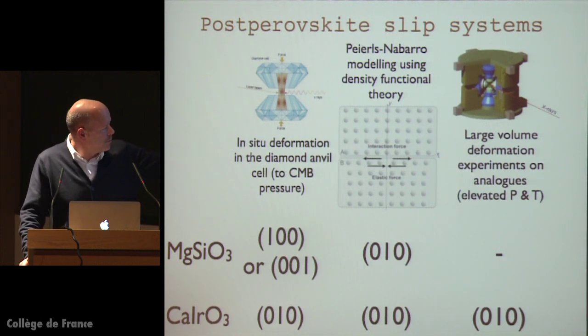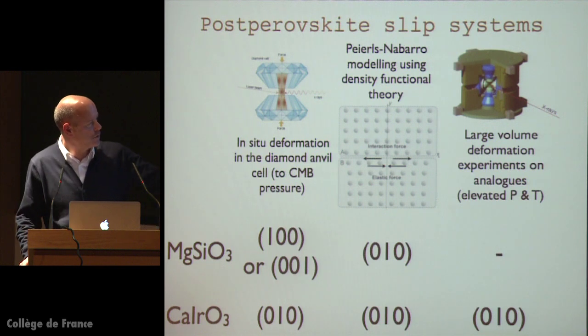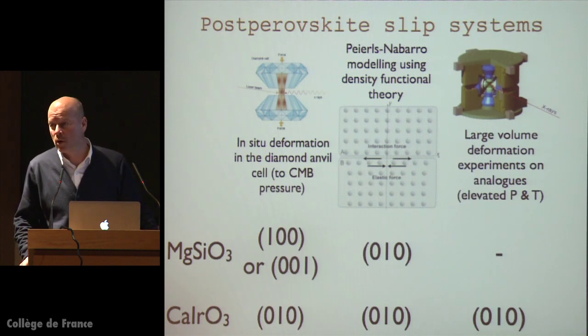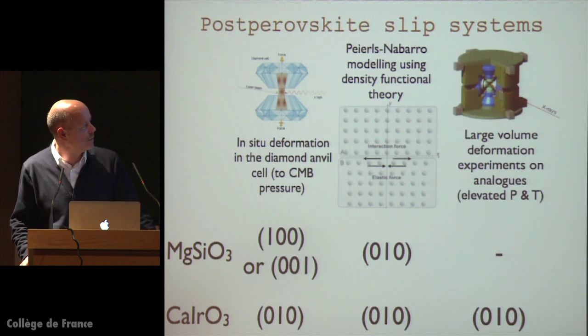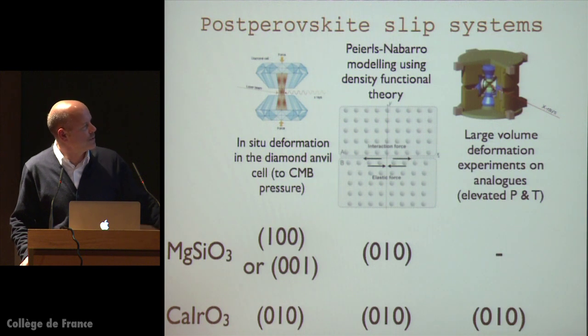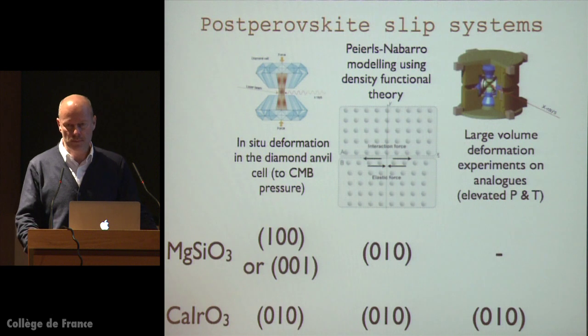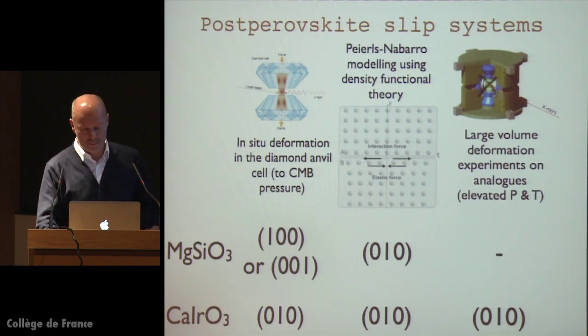That's on an analog, so on the bottom row are the dominant slip systems for the calcium iridate analog, and you can see all three in the bottom predict an 010 dominant slip system. Whereas if we look at the actual post-perovskite phase, there's some discrepancy between the different calculations. So really what we're going to do as seismologists is see which one of these slip systems best fits the data that we record.